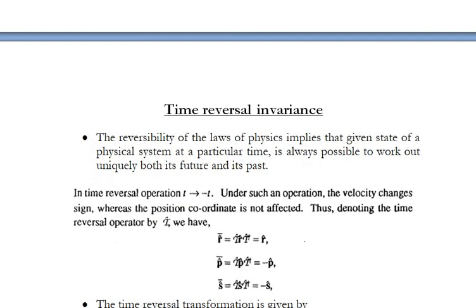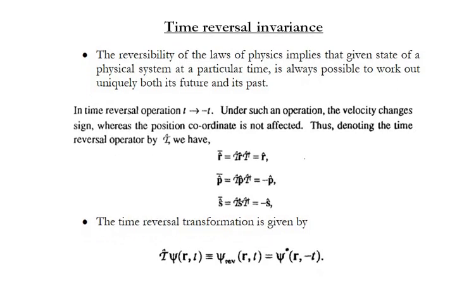Then time reversal invariance. The reversibility of the laws of physics implies that given the state of a physical system at a particular time, it is always possible to work out uniquely both its future and its past. In the time reversal operation, t goes to minus t.